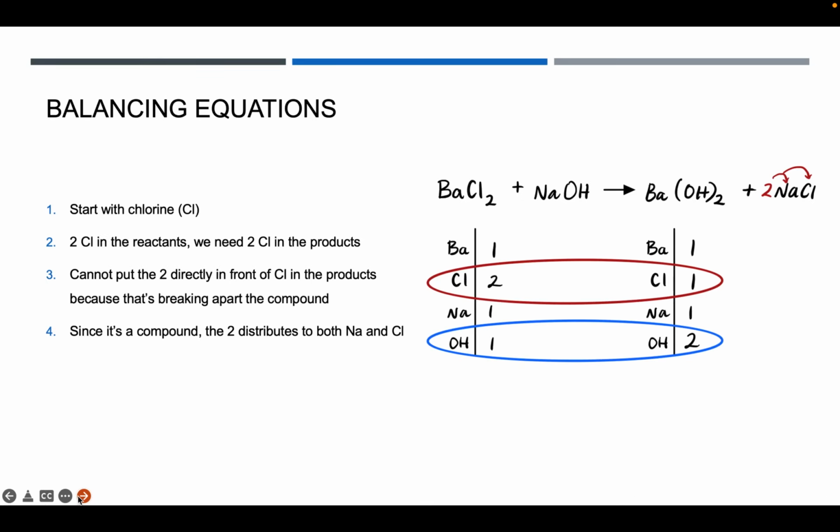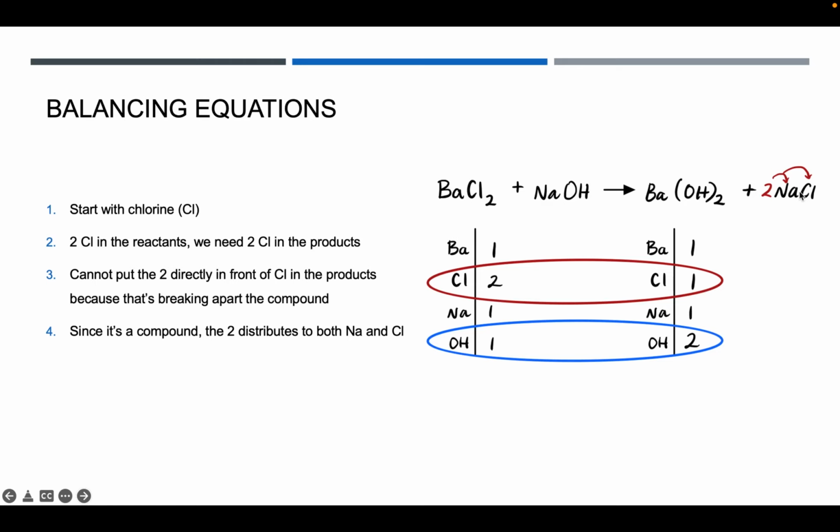fix that. The first way, like I said, you're going to leave this hydroxide for last. So let's go ahead and balance chlorine first. What you're going to do is go to the product side first. So if I have 2 chlorine on my reactant side, I need to get my chlorine on the product side to 2.